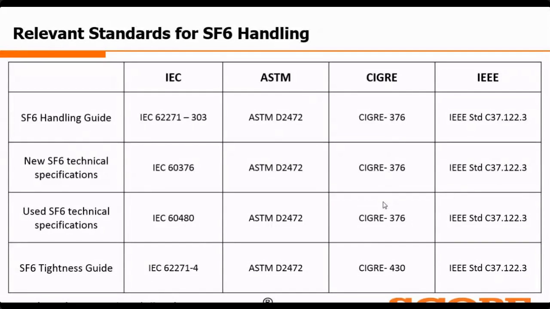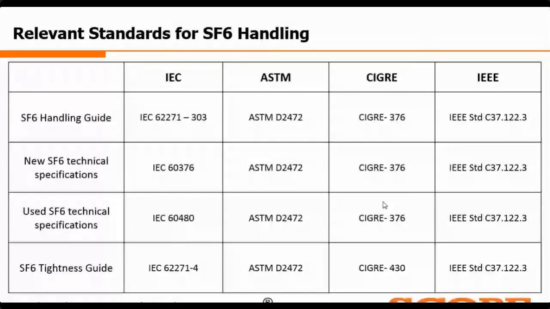Also, if you have a filled SF6 compartment and you want to do maintenance, what should be the final recovery pressure during the recovery? All these guidelines are already stated in the SF6 handling guides. Now, the new SF6 technical specifications, for that, we have the standards.